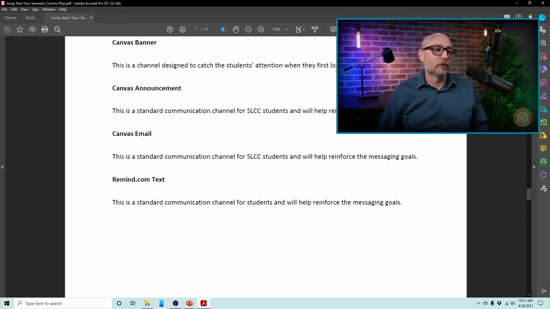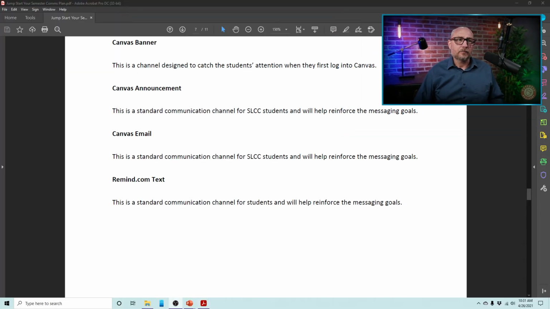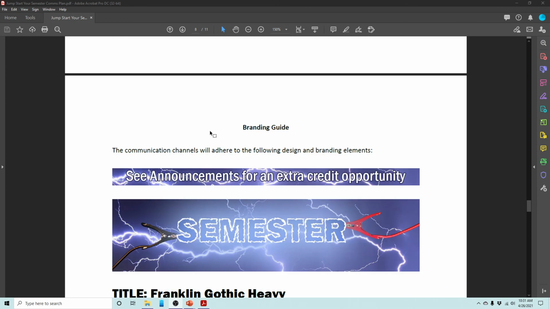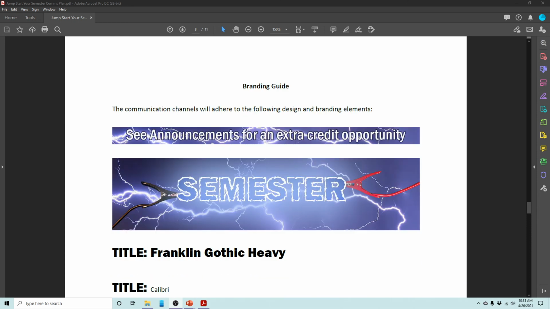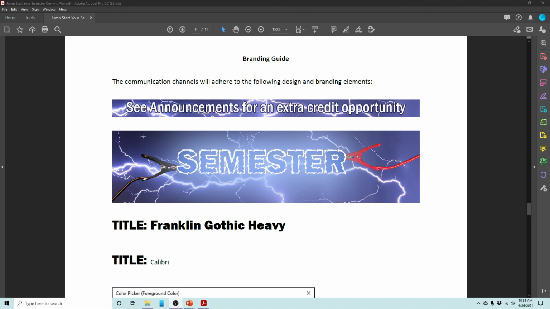Well, if we come back over to our example, we see that we have a branding guide, and in all the communications that I do for this campaign, there's a common look and feel. The whole electricity, lightning going through a blue space. This semester banner is in all the communications.